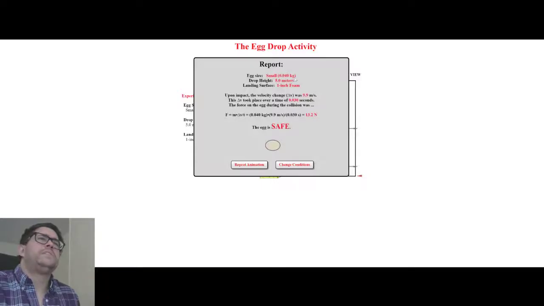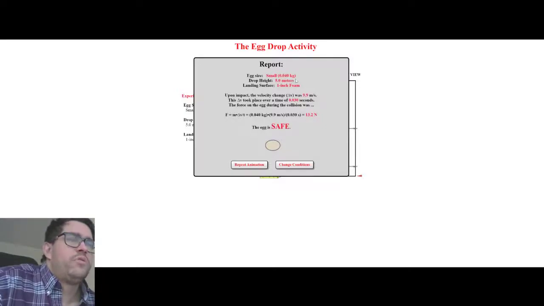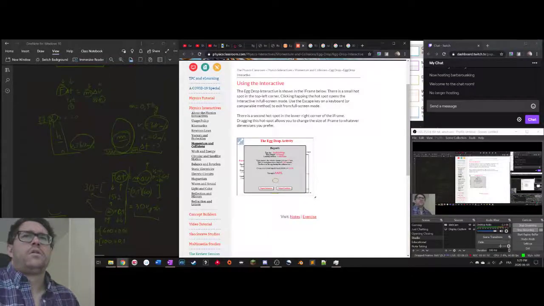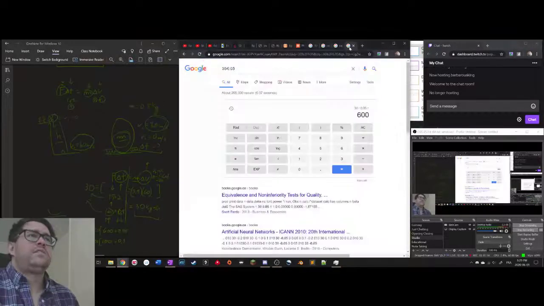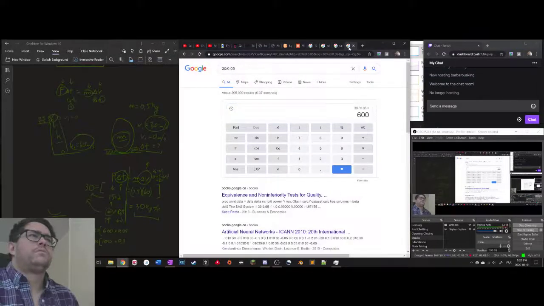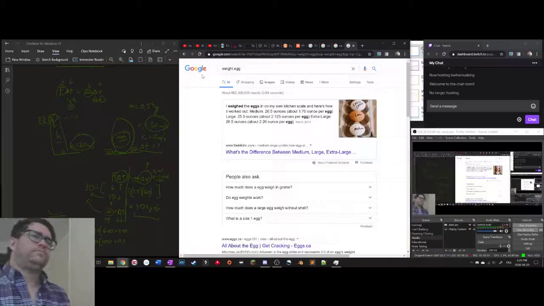Look at the size of the egg here, 40 grams. 40 grams? I think that's what I had. My problem was a little higher than that. It's 400 grams. Mine was 400 grams. Why did I put 400? 500 grams for an egg? Oh my goodness.